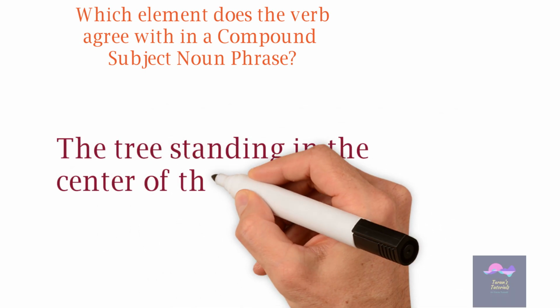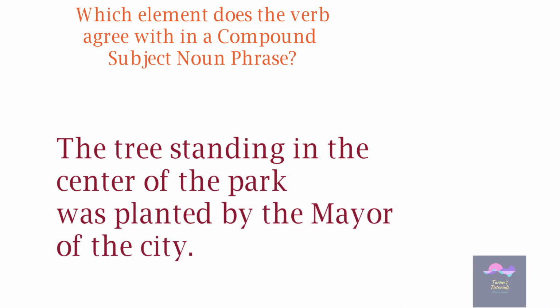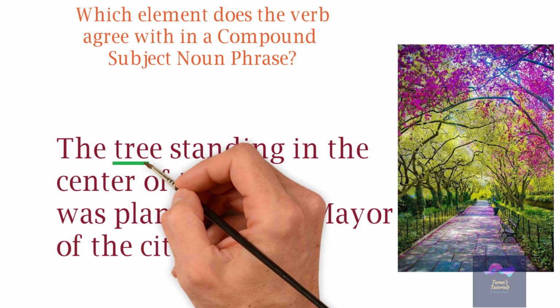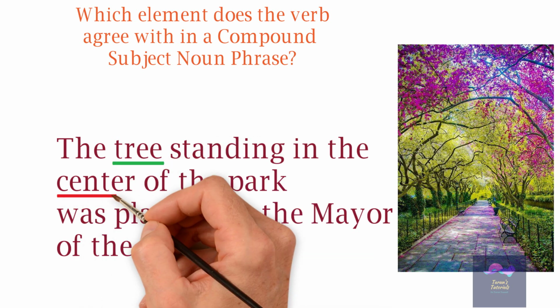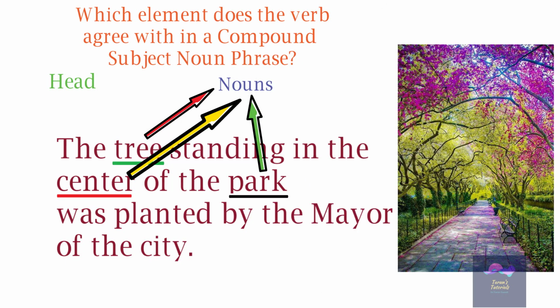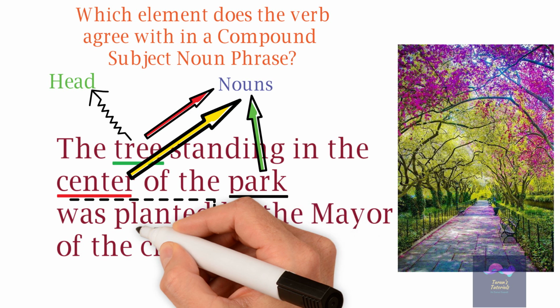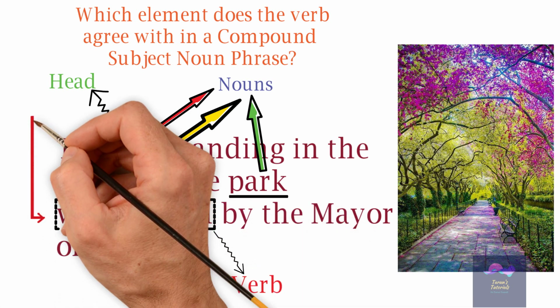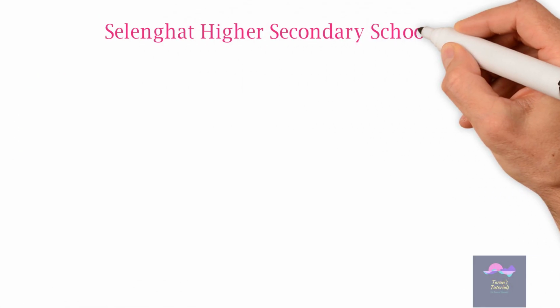In the subject-noun phrase of the sentence, we have three noun phrases where there are three nouns: tree, center, and park. Of these three nouns, the head or the nucleus is tree, and so the verb plant agrees with the head tree, which is a singular noun.